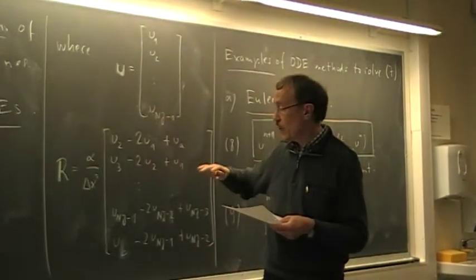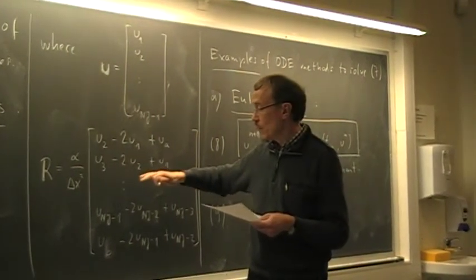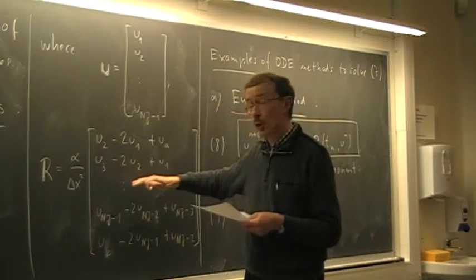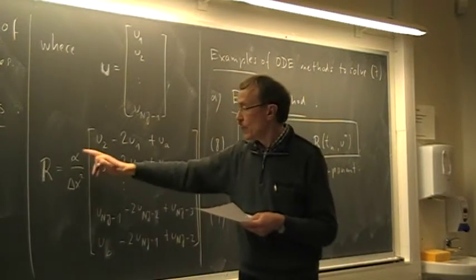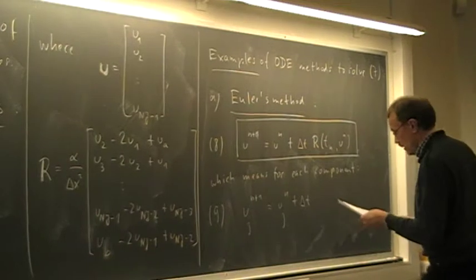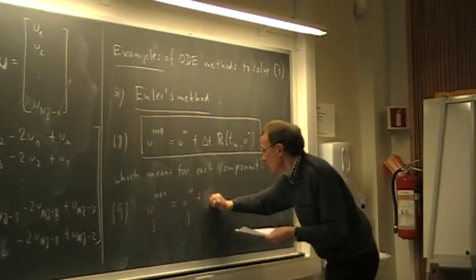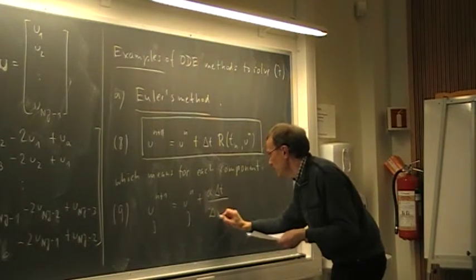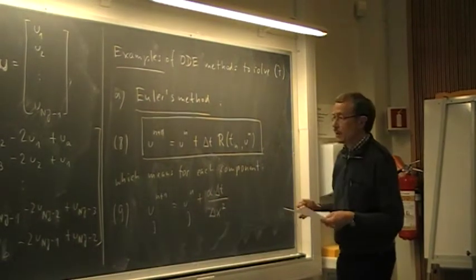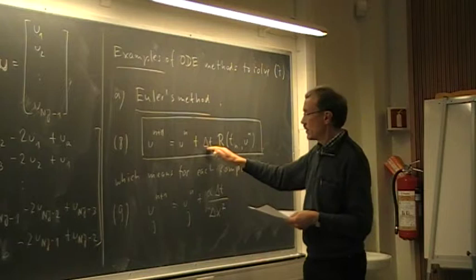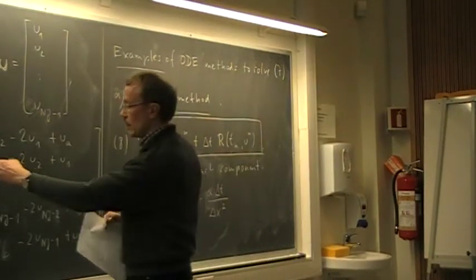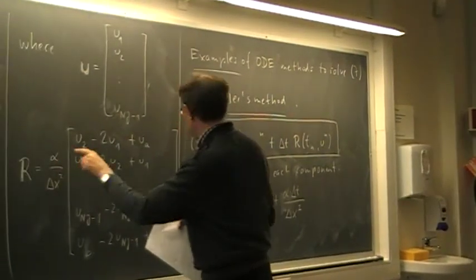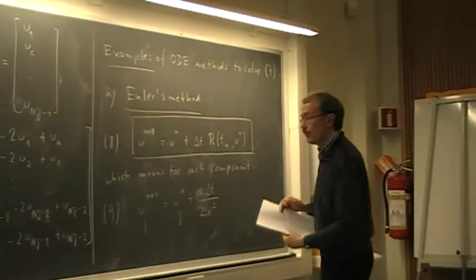And we look now at the column j. So we summarize this vector here, and we write it in this form, together with the delta t, alpha delta t divided by delta x squared. So I have the delta t multiplied by this, so I put it here. So that is our vector appearing here.